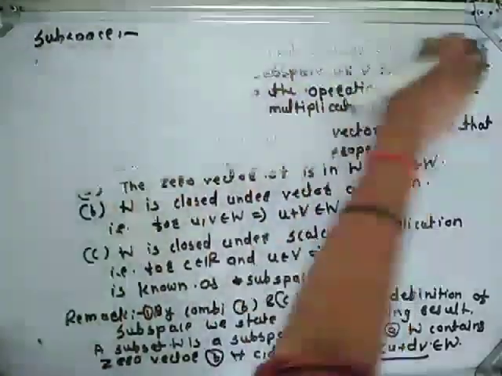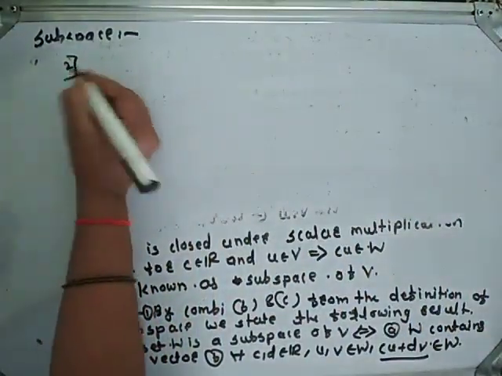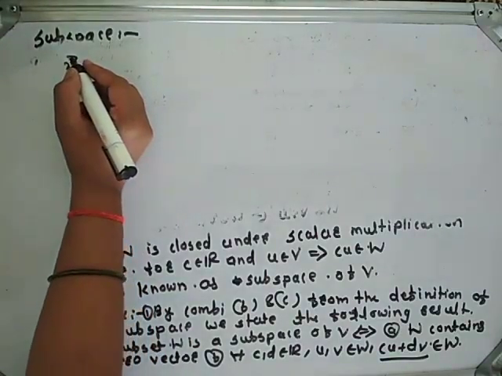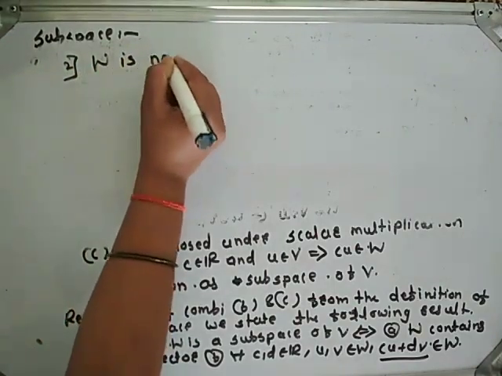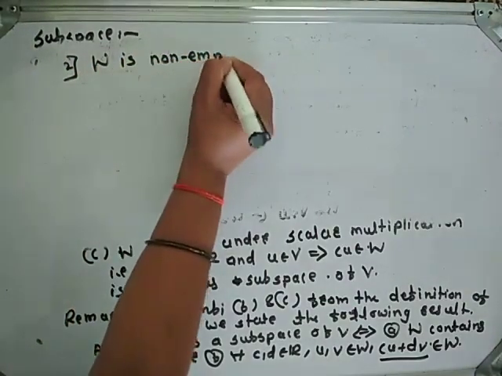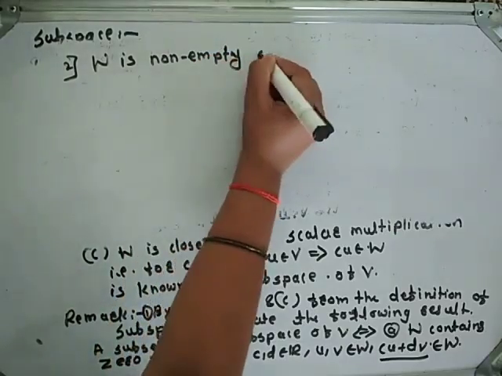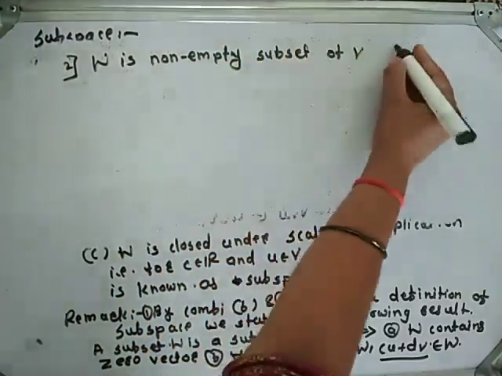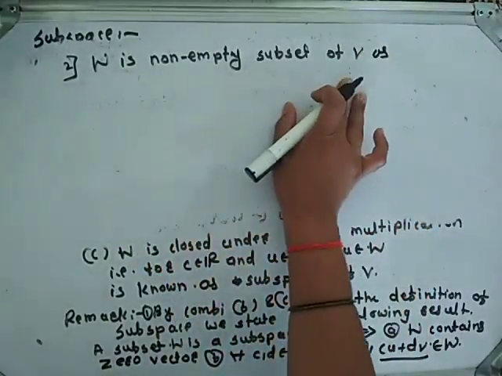Let us take the next remark. The second remark: W is a non-empty subset of V. Why is W a non-empty subset of V?